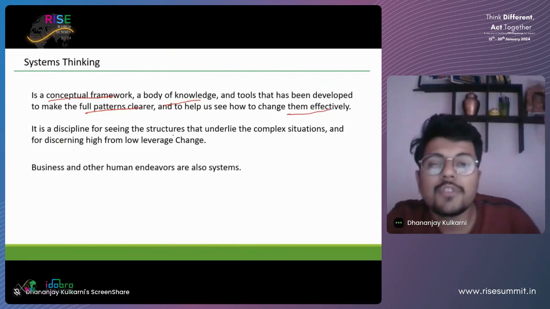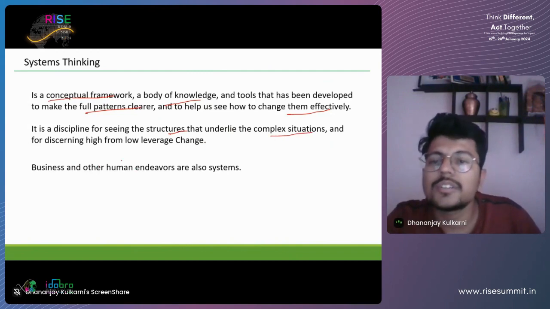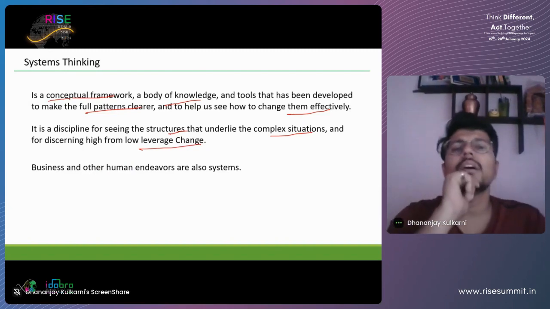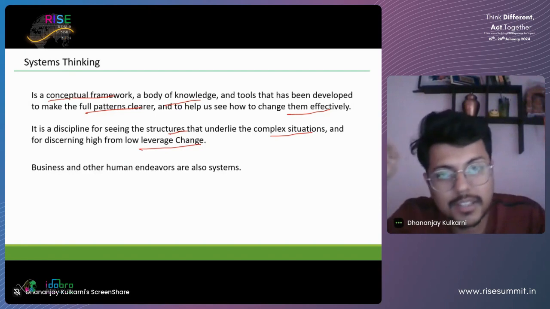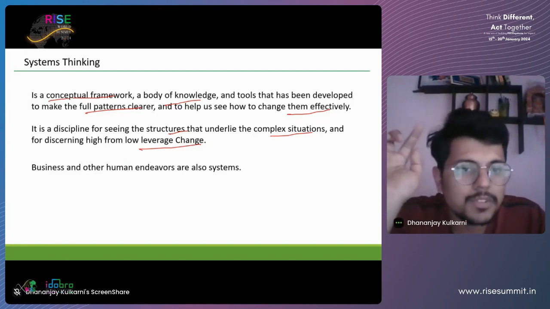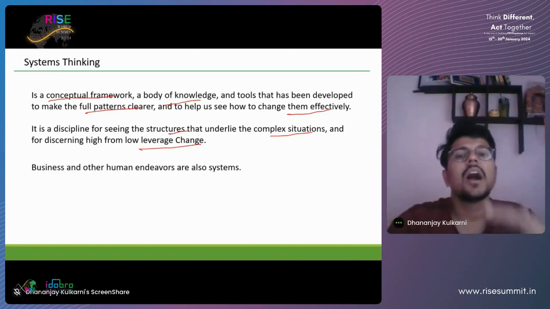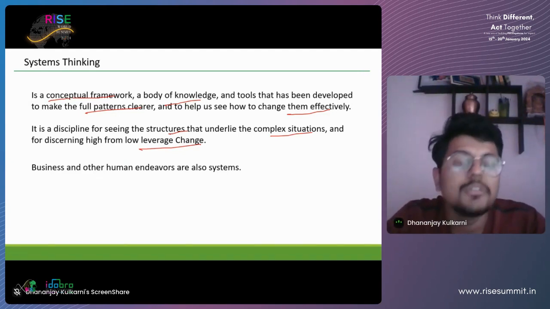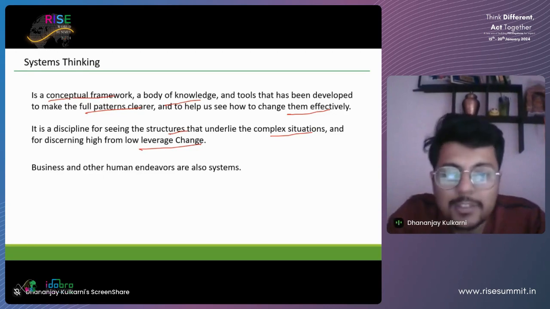Or it is a discipline for seeing structures that underlie complex situations and for discerning high from low leverage change. One thing is very common over here, which we discussed at the start: the problems and the learning. How do we identify different problems and how do we learn to provide a solution, right? That's very important.